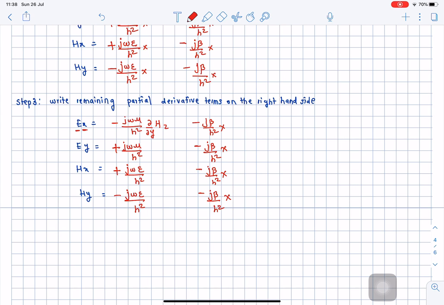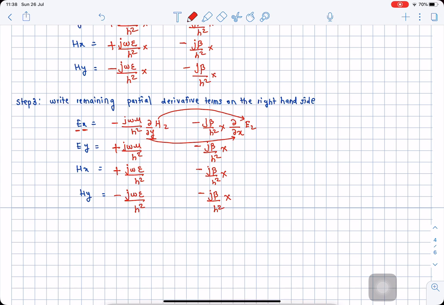Okay, now as you wrote the partial derivative with y, on the right hand side you need to write partial derivative with x, right? And the Hz term you need to replace with Ez term. So this term here will become Ez, and this term goes and becomes x.